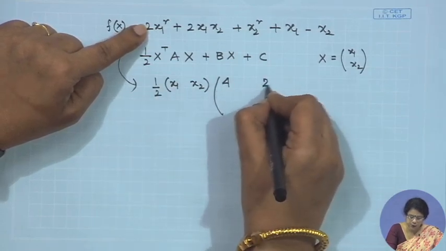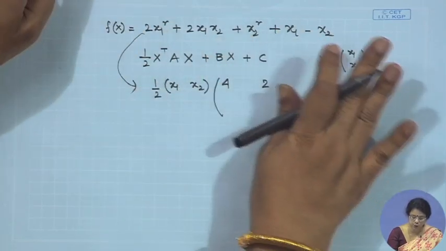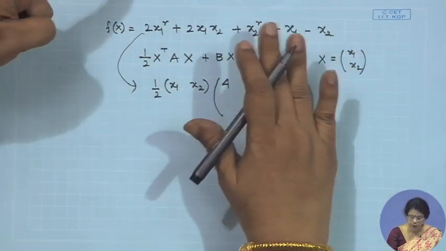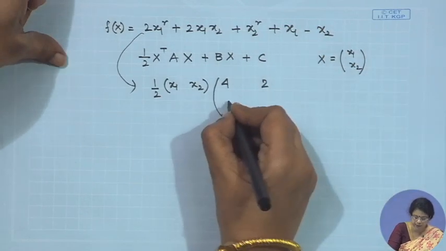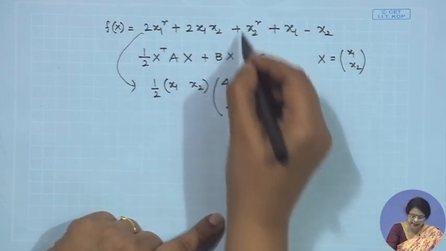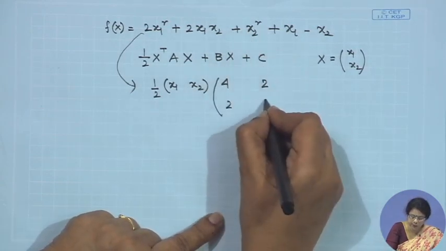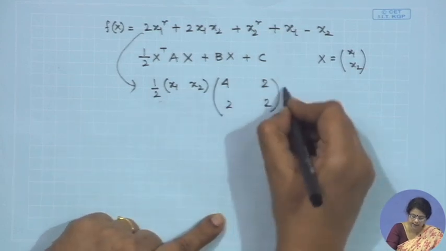Then I will separate 2x1 x2 into 2 parts: 2x1 x2 plus 2x1 x2, divided by 2. That is why these two terms will come like this, and the third term is 1, so we will put 2, just double it because of this half, as I said.